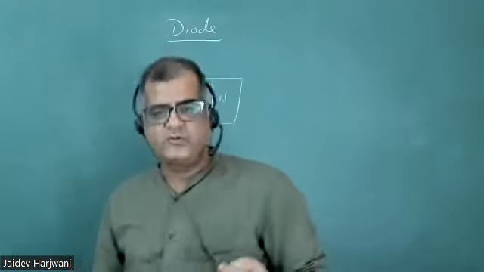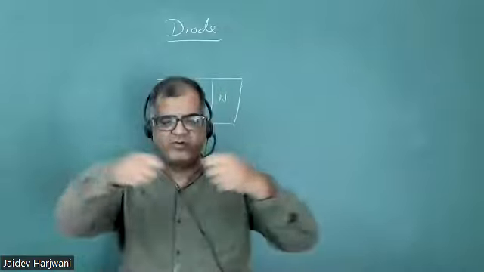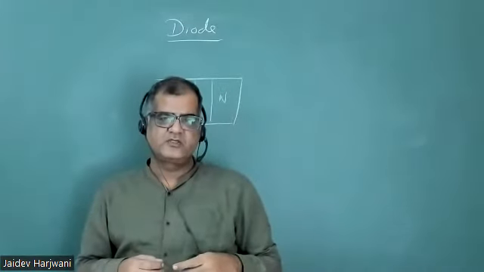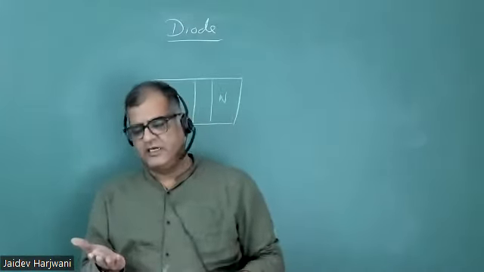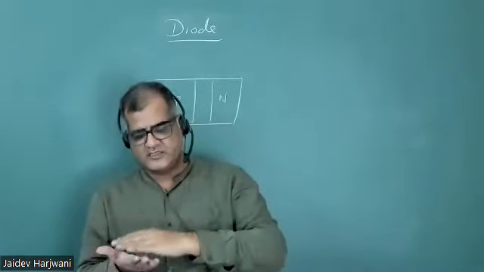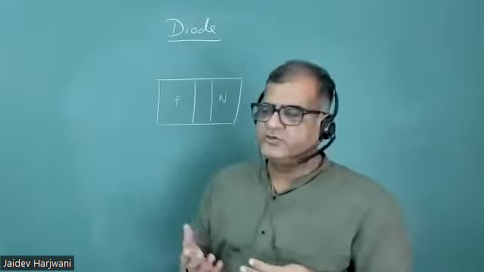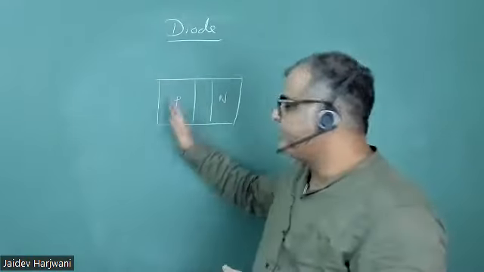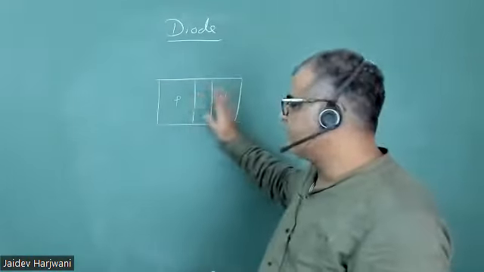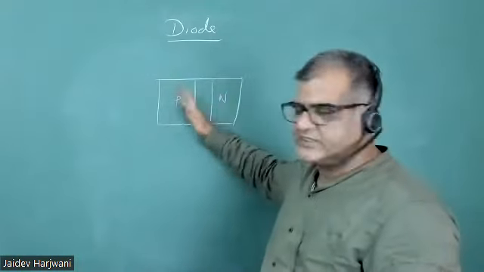Not exactly that you take separate P type and N type and bring them together to make a diode. Suppose you have an N type material and you do doping, and modify the surface with P type doping by diffusion. So you can create a P type layer on the same material. The fabrication techniques are different.